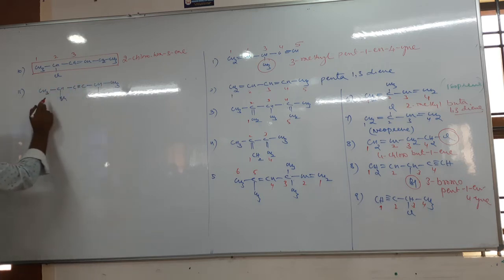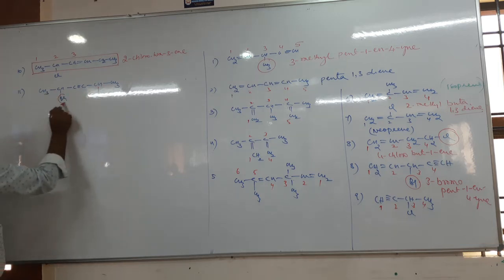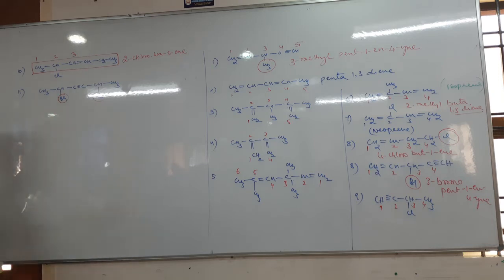Next, now see the multiple bond: 1, 2, 3, 1, 2, 3. So the multiple bond gets the same numbering from both sides. Then we need to see the substituent. The substituent is chloro at 1, 2, bromo again at 1, 2. So two different substituents are present in equivalent positions. There is a rule. What? Numbering must be given according to alphabetical order.